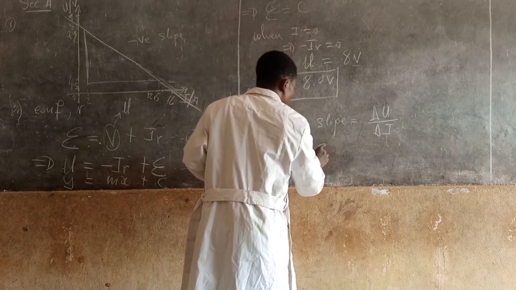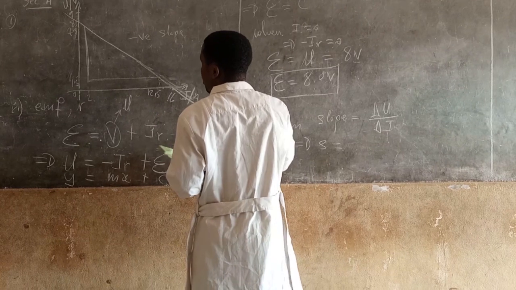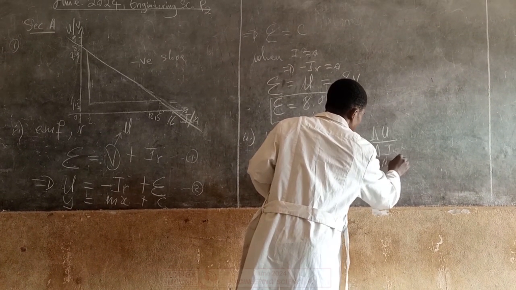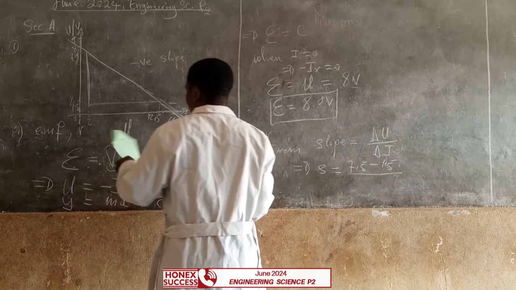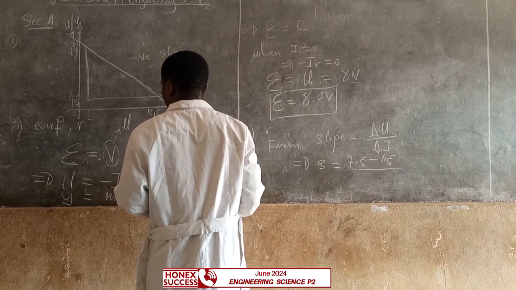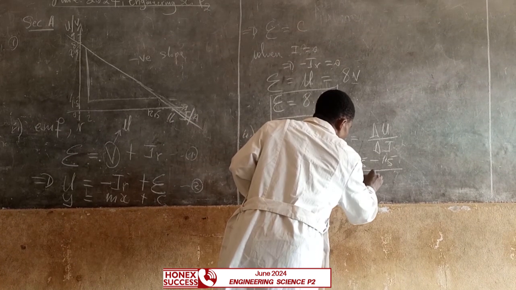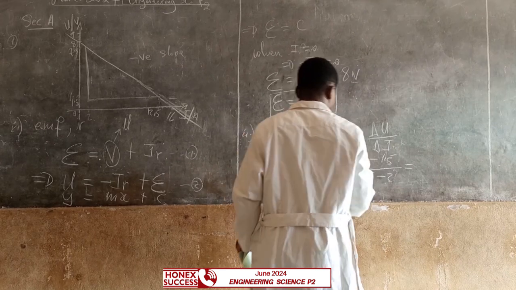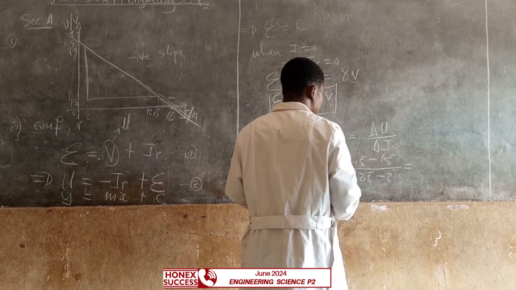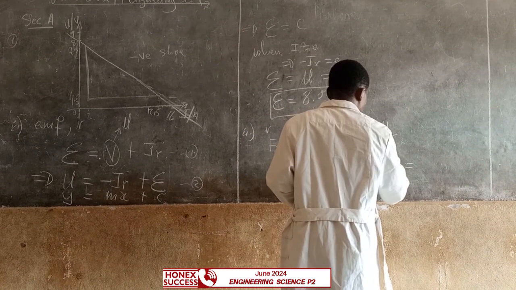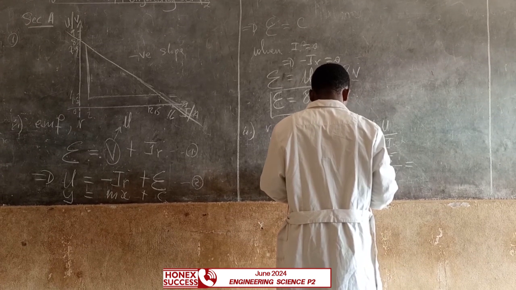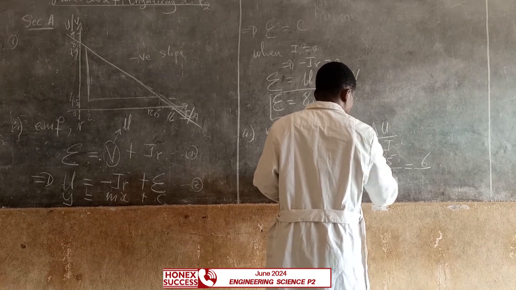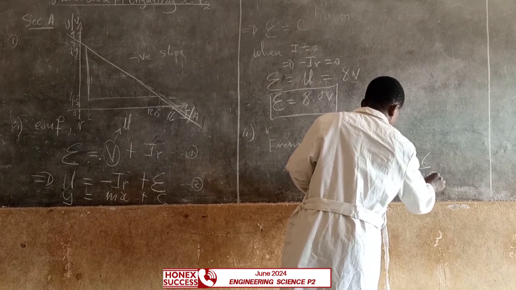So the slope S will be equal to the change in the y-axis, 7.5 minus 1.5, over the change in the current axis, 12.5 minus 2. When we do this subtraction, we get 6 over 10.5.